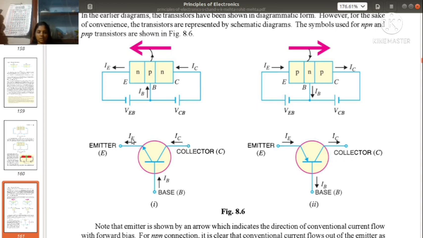The emitter current is outward and the collector current is inward. Similarly, in the PNP, the emitter current is inward, the collector current is outward, and the base current here is inward, here it is outward. So this is the representation or symbol of a transistor.